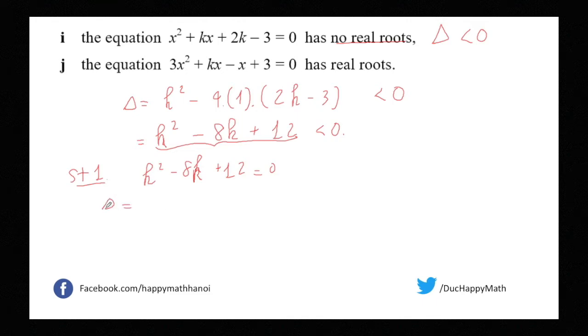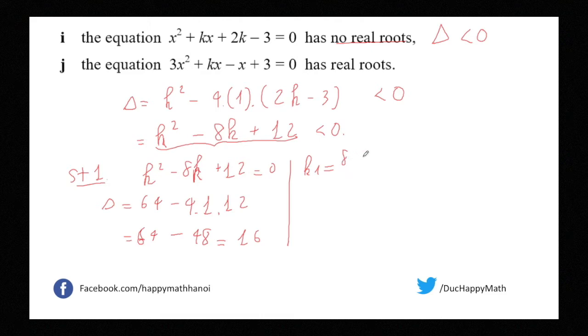So delta here is minus 8 squared, meaning 64, minus 4ac, so 64 minus 48 will be 16.